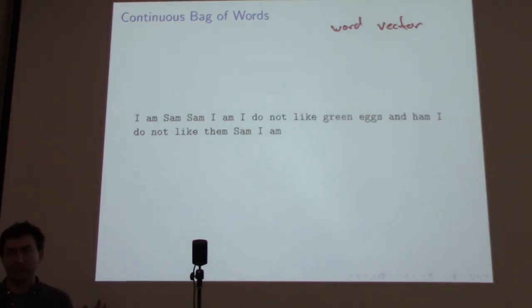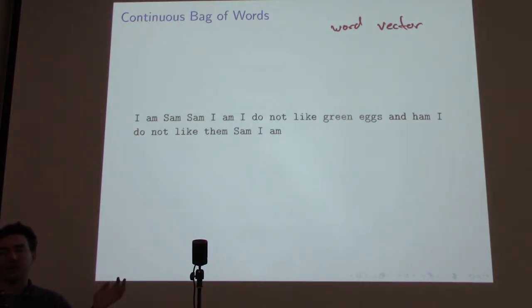The idea is probably only about 5 years old, but a couple of papers that came out about 5 years ago really changed how people analyze and model large-scale text. And this is going to be a vector representation.